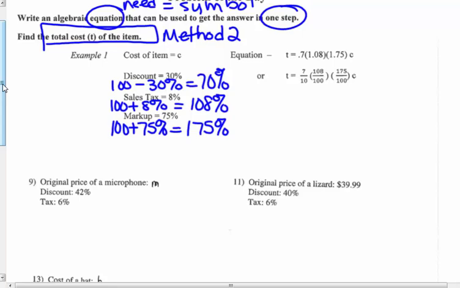70% as a decimal, 7/10. So you see it right there. 108% as a decimal, 1 8/100ths. 175% as a decimal, 1 75/100ths. So just say something was $100. You're going to pay 70% of that $100.